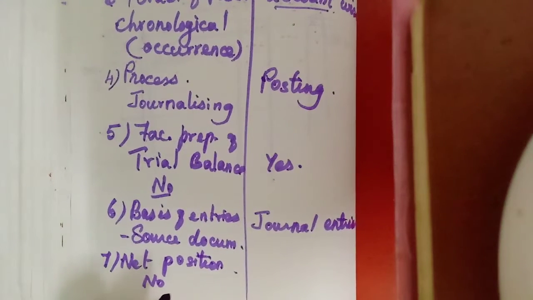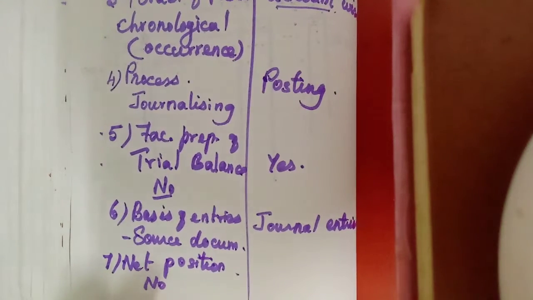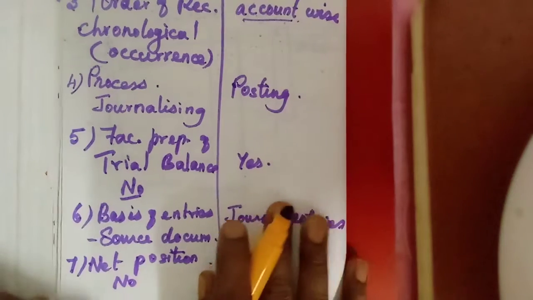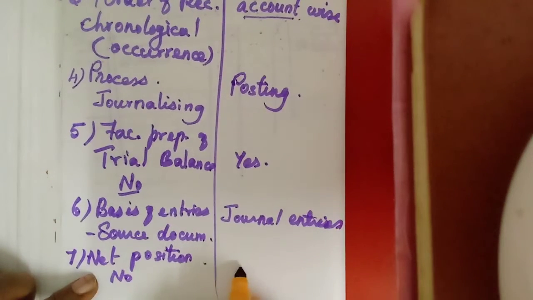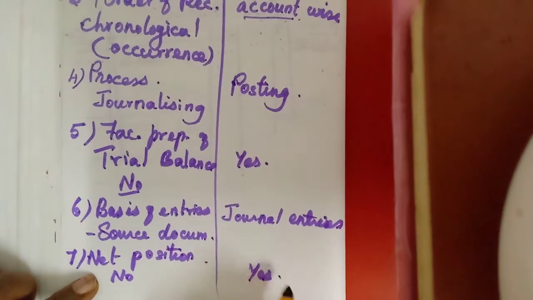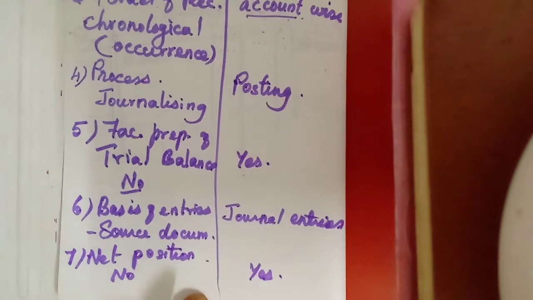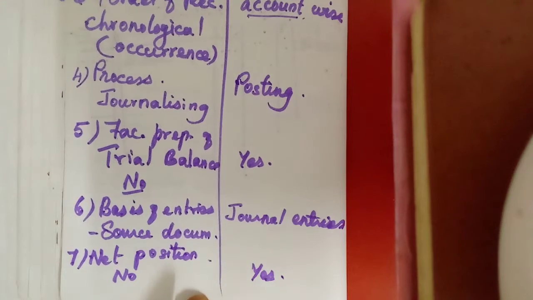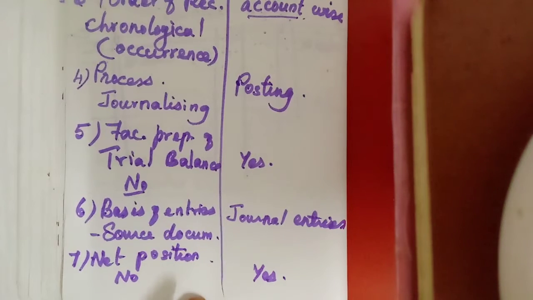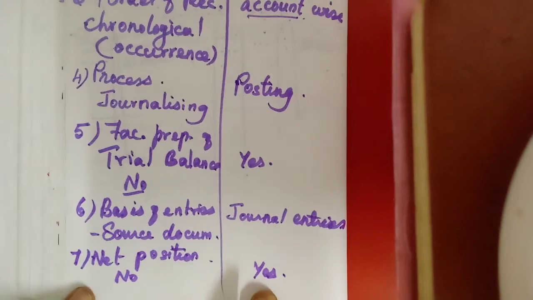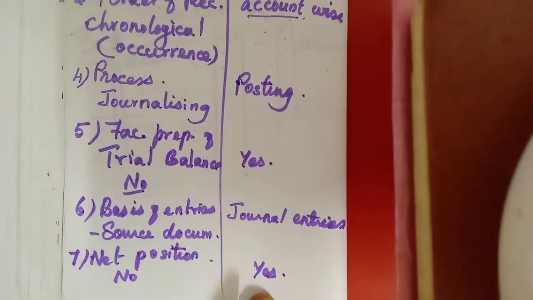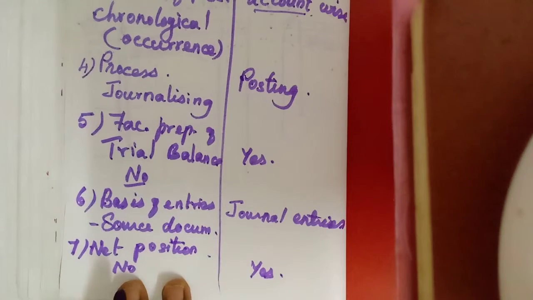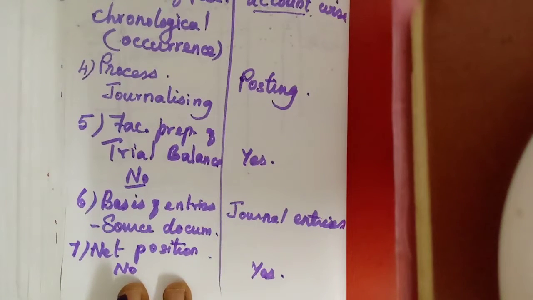Cash account, for example, how much cash is available, no. But the net position of the cash account can be well known in the ledger account. The balance will be there. If we balance the account daily, we can find out how much cash is available. So net position can be ascertained from the ledger account, but that is not possible in the journal entry.